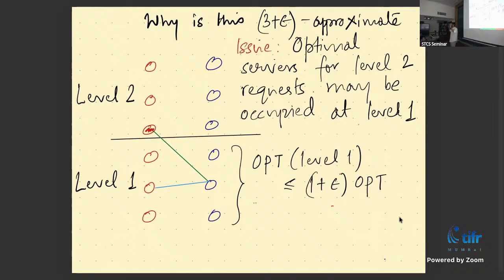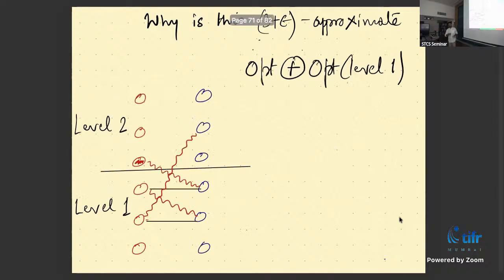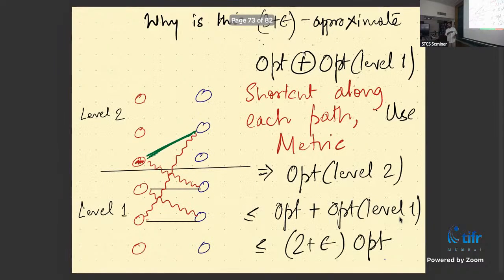And this could potentially be a problem because you are losing edges from the optimal solution. But again, you can take the symmetric difference and use the metric property to show that there still exists an edge which is upper bounded by the real optimal and the optimal at level 1. Okay, that's the rough idea.